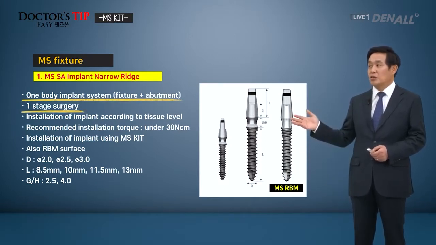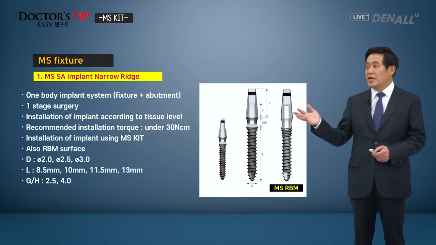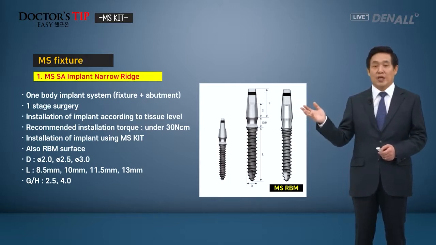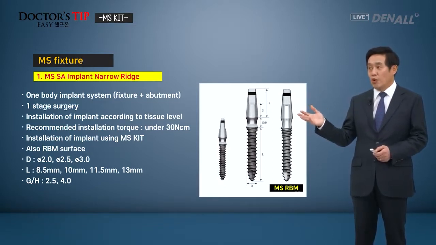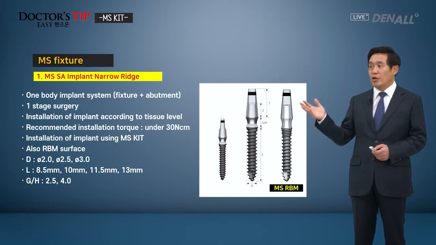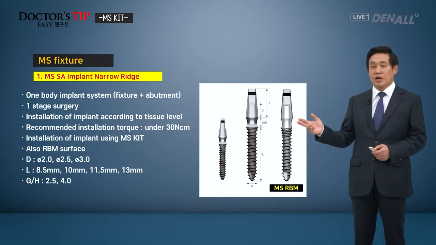So one stage surgery is possible, and you put it in at the tissue level, and the recommended torque is about 30 Newton. Because it's a one body system, because of the temporary prosthesis, if you push too much torque, it could become a problem. So you have to be cautious not to do that.